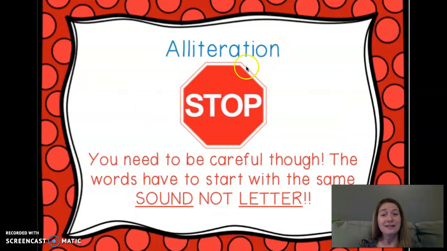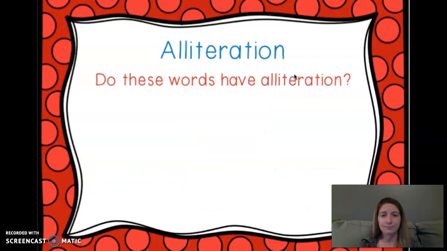But when we have alliteration, you want to be very careful. The words have to start with the same sound, not the same letter. So we're going to try this out and see if there can be words that start with the same letter, but not the same sound, because that would not be alliteration. Alliteration has to have the same sound. So let's try it.